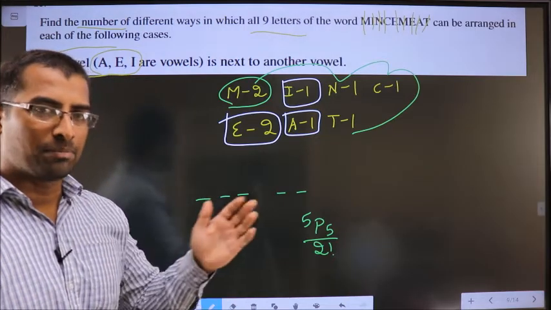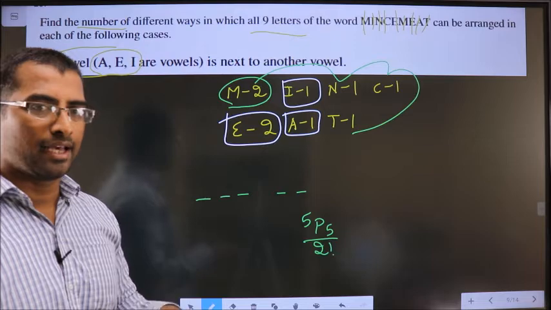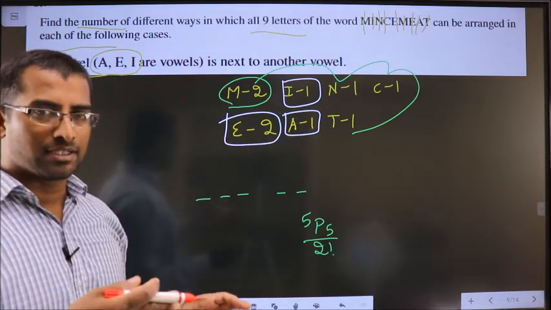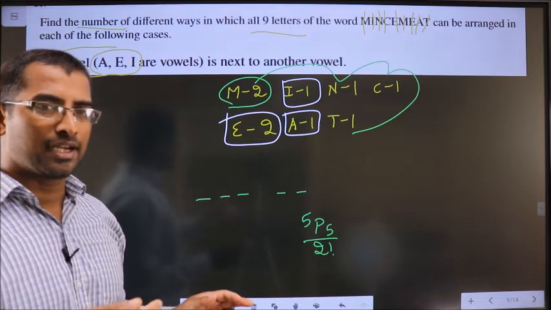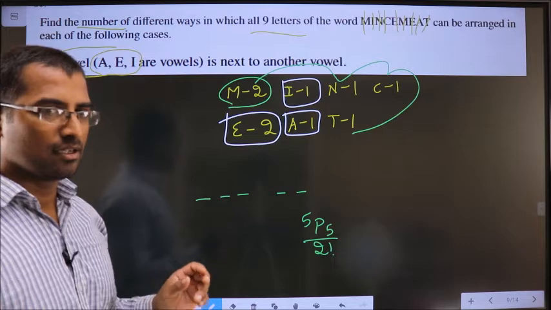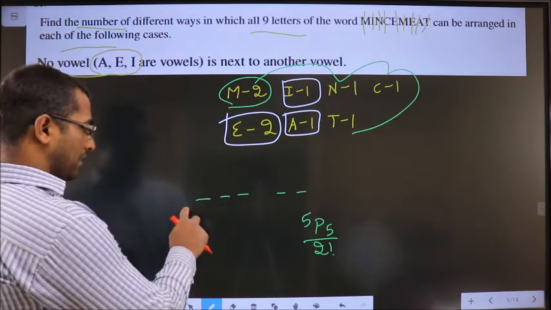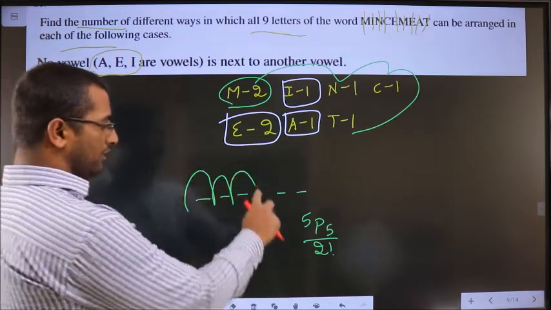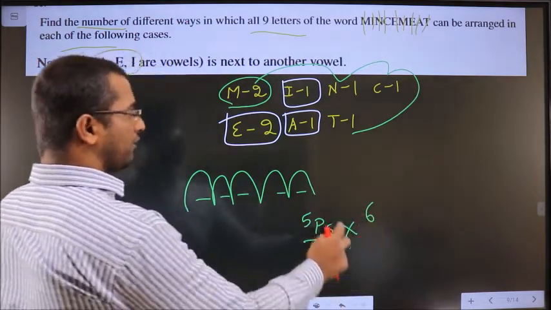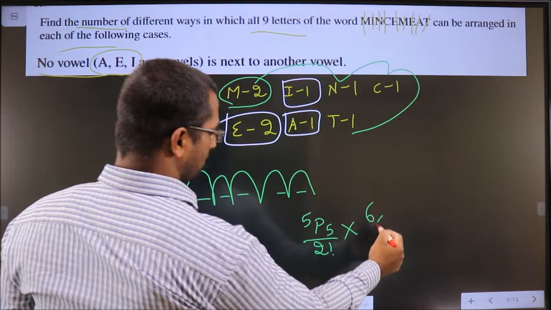Now I should see in between how many places I have for these vowels. I am checking for in-between places, only that way I can be sure that vowels are not beside each other. Clear? Now count. 1, 2, 3, 4, 5, 6. So 6 places for 4 vowels.